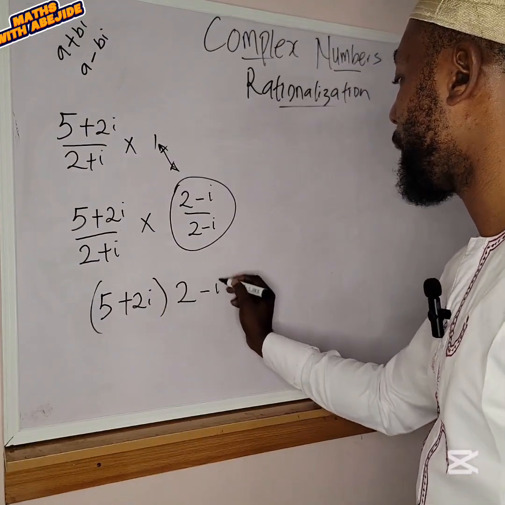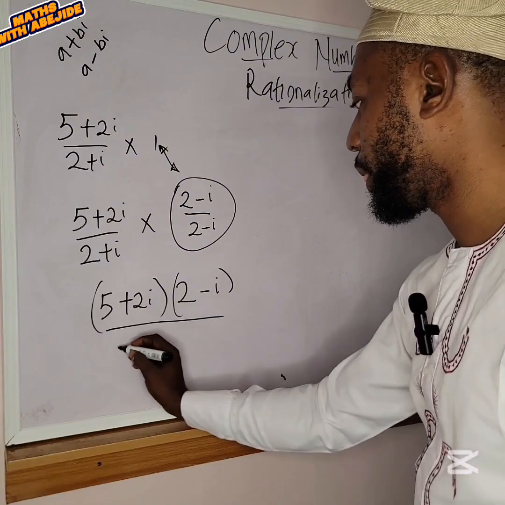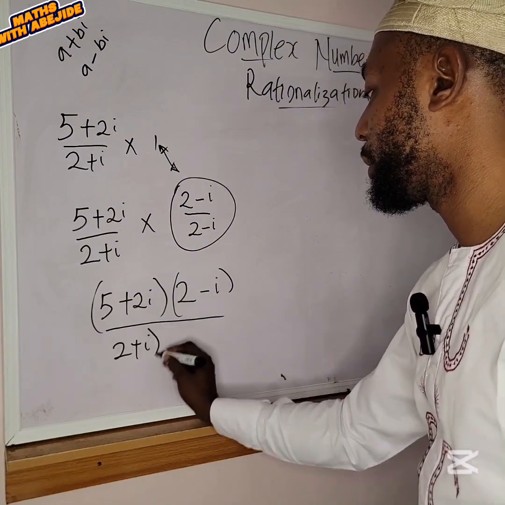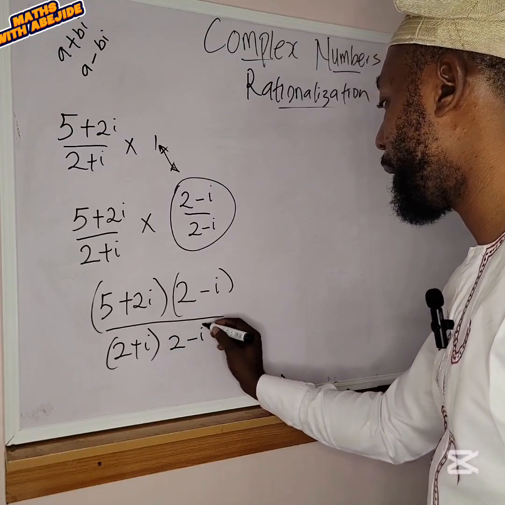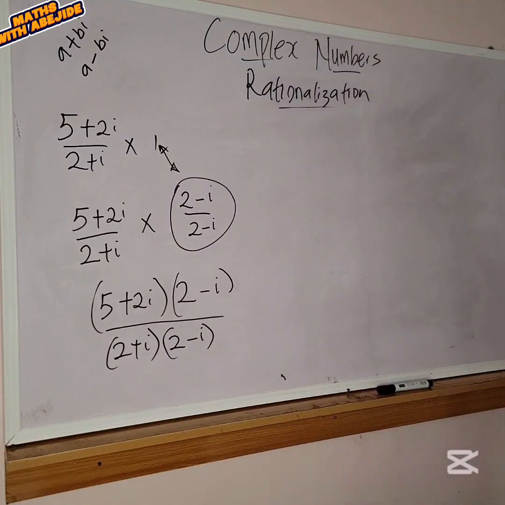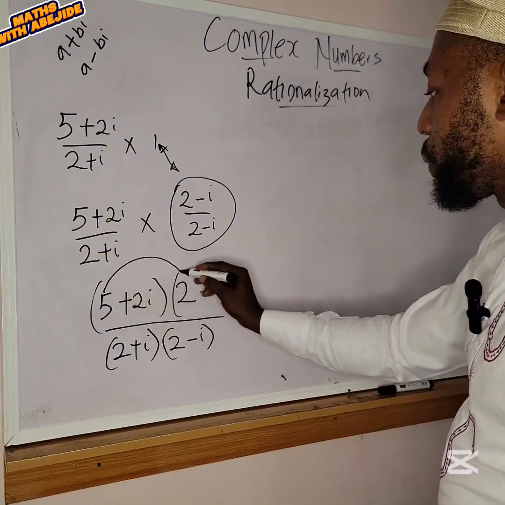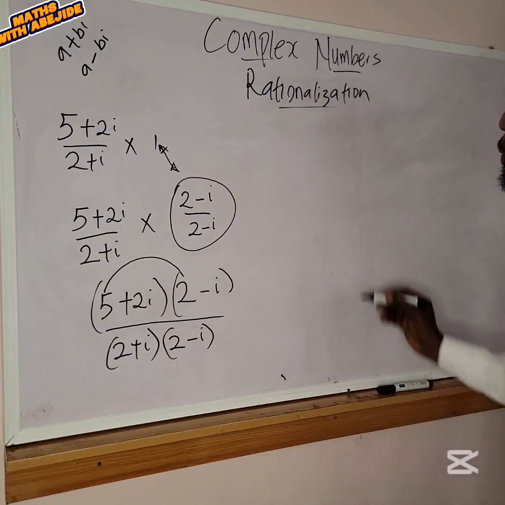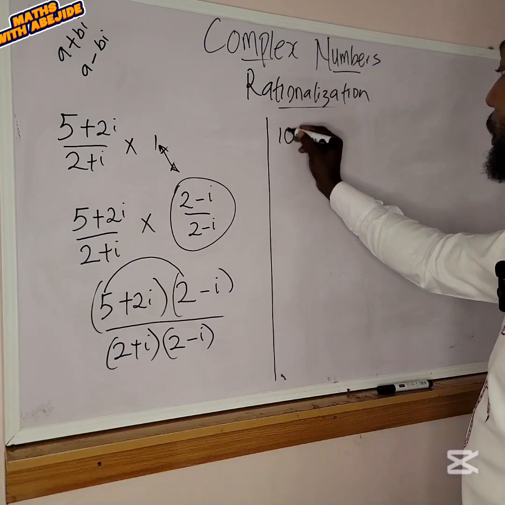So why can't we just rewrite this as 5 plus 2i, then 2 minus i, all divided by 2 plus i, then 2 minus i? If that is correct, then we can just multiply this way. 5 goes for 2 to give us 10.